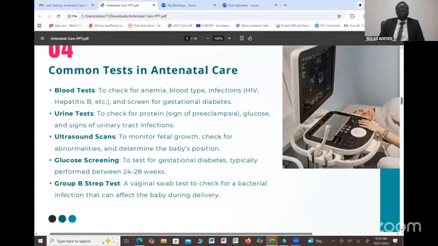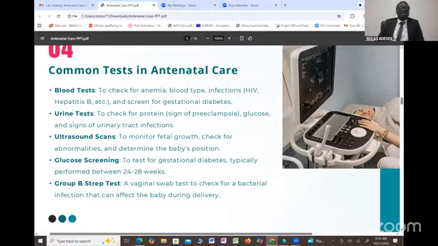Ultrasound scan to monitor for fetal abnormalities, both structural abnormality, some pregnancies, due to what the pregnant women got exposed to early in pregnancy, are prone to have structural anomalies.